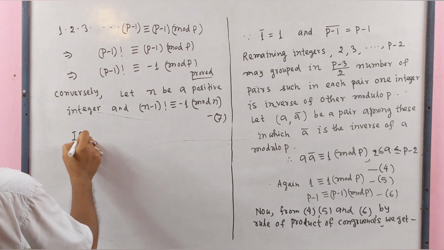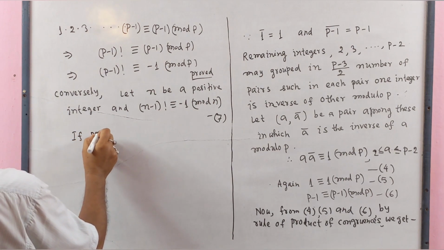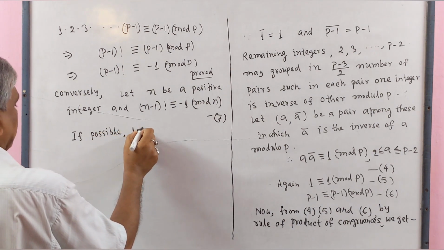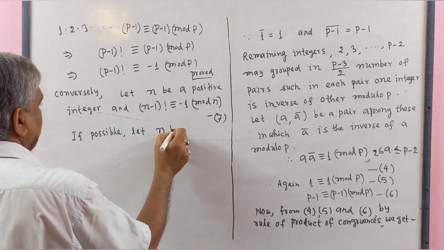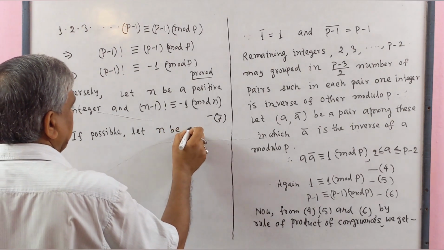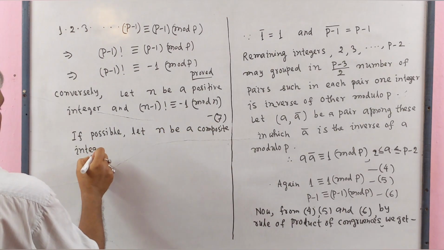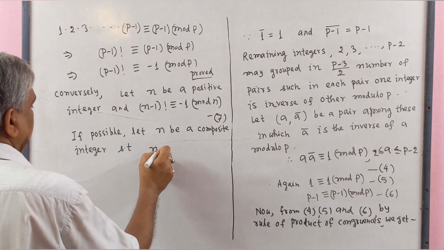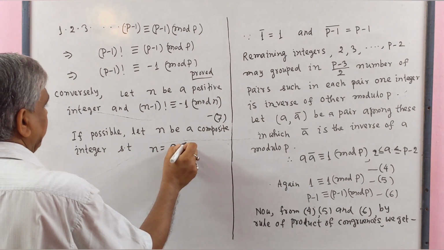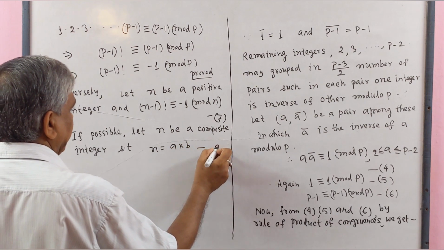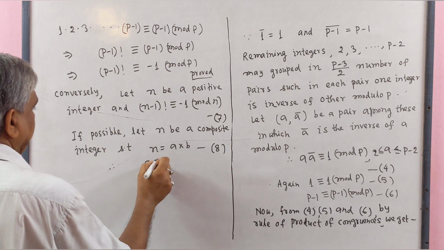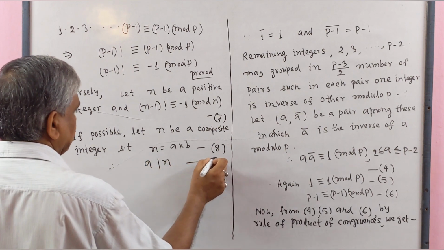If possible, let n be a composite integer such that n equals a multiply b. This is number 8. Therefore, a divides n. This is number 9.